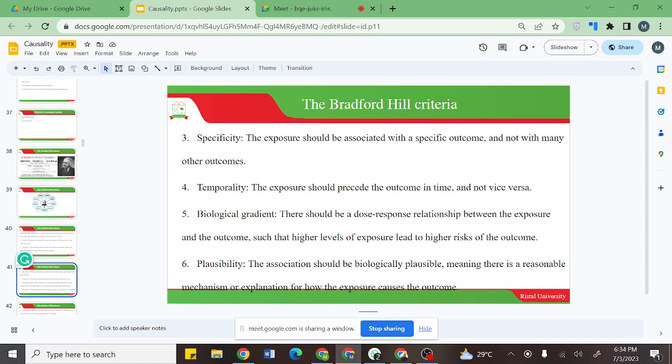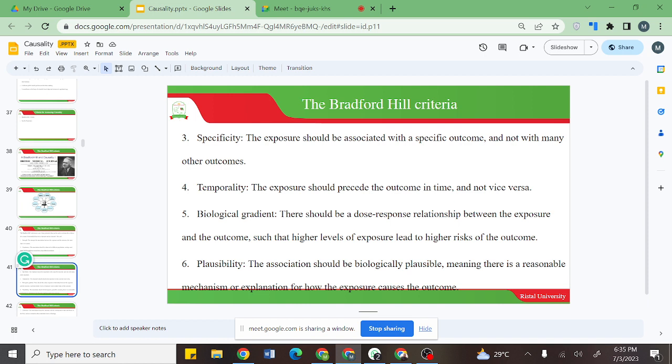If someone tells you something, you can either accept it or reject it on the principle that there is no logical explanation for what the person is saying. That is what we call plausibility.